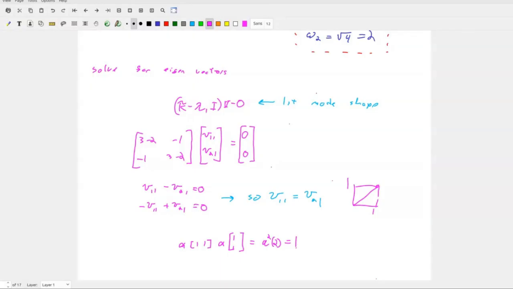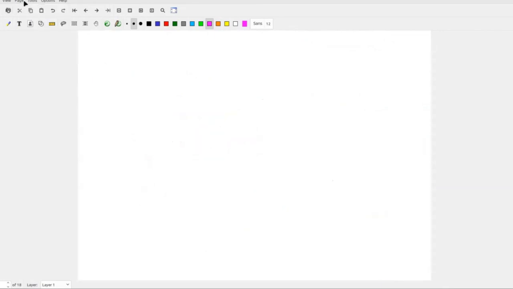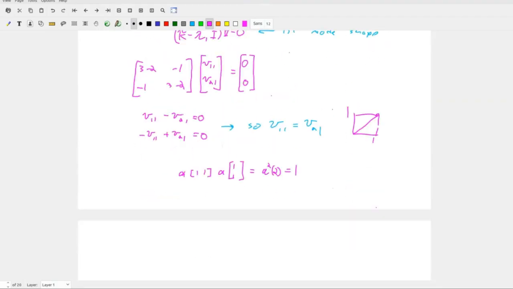I move my 2 over, I take the square root, and so I can get alpha is equal to 1 over the square root of 2. That allows us to normalize the vector. So now we can normalize it.